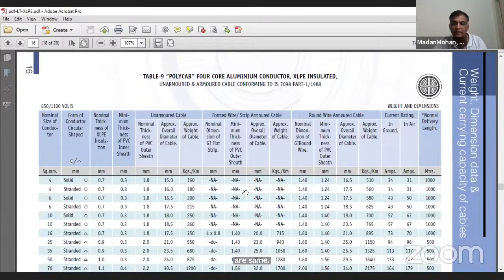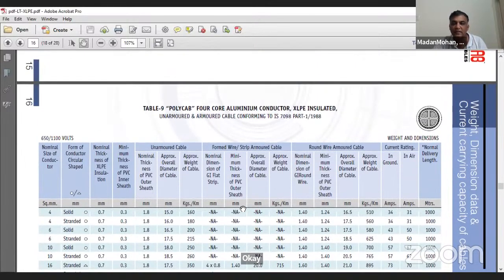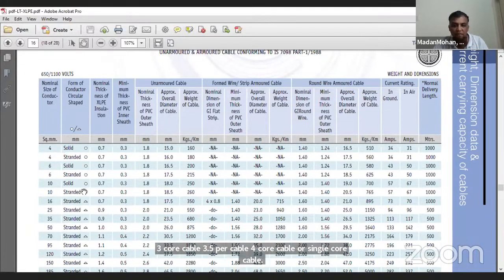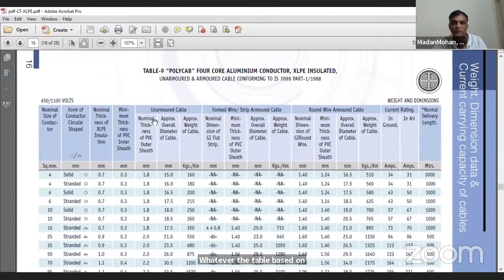The cross-sectional area of the conductor is the same. So it depends upon the application, whether you are selecting 3 core cable, 3.5 core cable, 4 core cable, or single core cable, whatever the cable. Based on the conductor size and the number of cores, we have to select the current carrying capacity of the conductor based on the laying method.